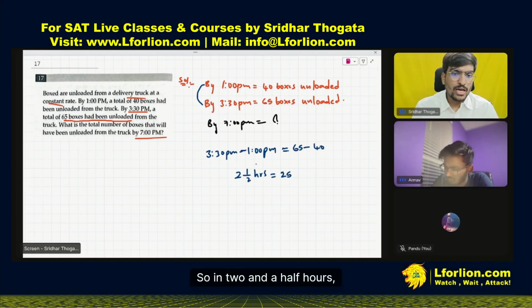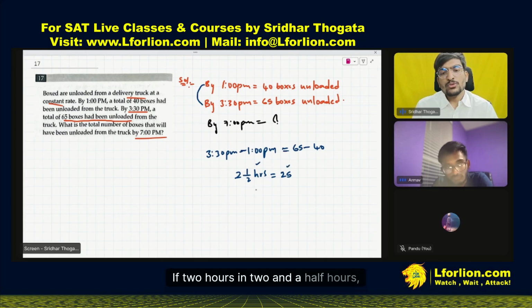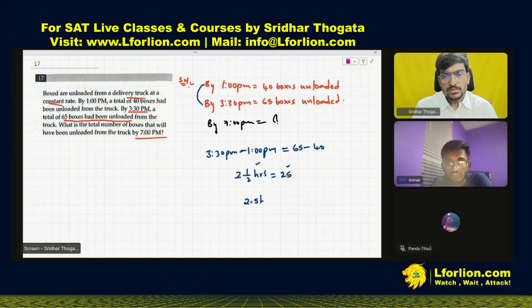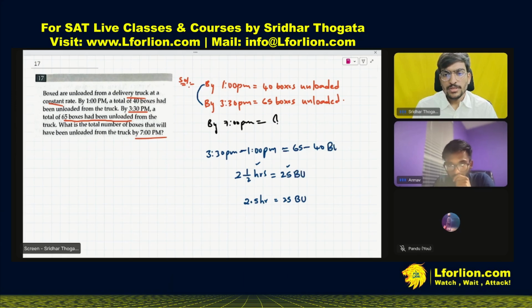So in 2.5 hours, 25 boxes are unloaded, right? I'm writing it in decimals: 2.5 hours equals 25 boxes unloaded. BU refers to boxes unloaded.